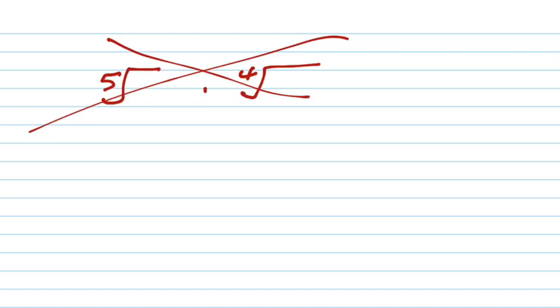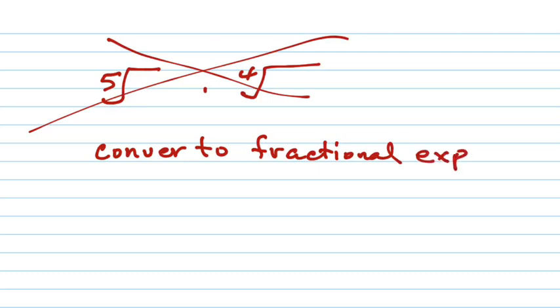On number 3, the indices are different, so you can't multiply them using the same rule where we were just multiplying the interiors. What you have to do is convert to fractional exponents.